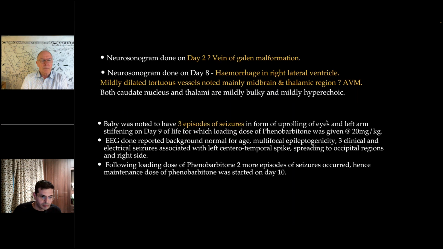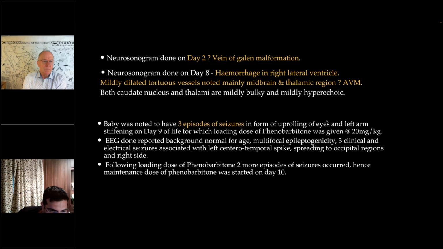Neurosonogram done on day 2 was suggestive of query vein of Galen malformation. Neurosonogram was repeated on day 8. It was suggestive of hemorrhage in the right lateral ventricle, mildly dilated tortuous vessels noted mainly in the midbrain and thalamic region, query AV malformation. Both caudate nucleus and thalami are mildly bulky and mildly hyperechoic.